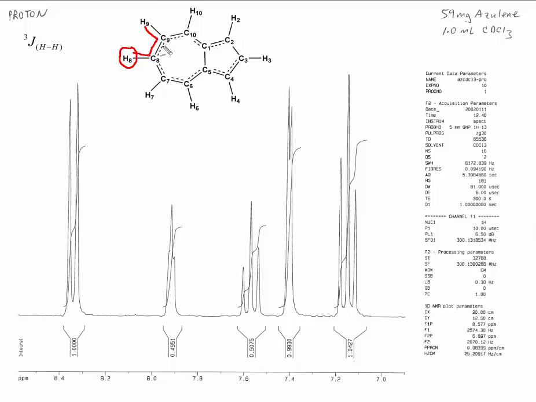There's no hydrogen in that direction, but if we go 1, 2, 3, we see this other hydrogen. So there are 2 hydrogens that are 3 bonds away that will split the signal, and so that will mean that we will see 3 peaks altogether, a triplet signal for that particular hydrogen.